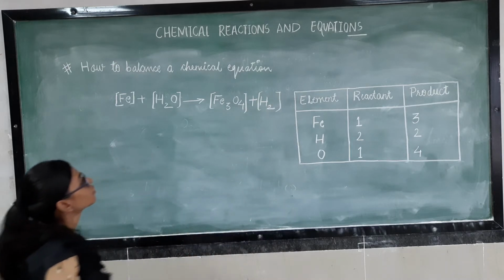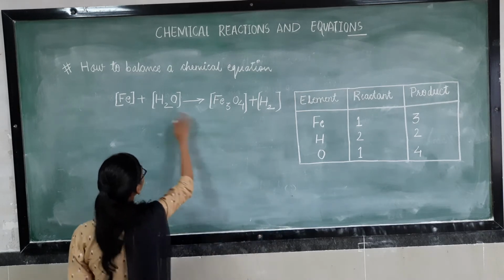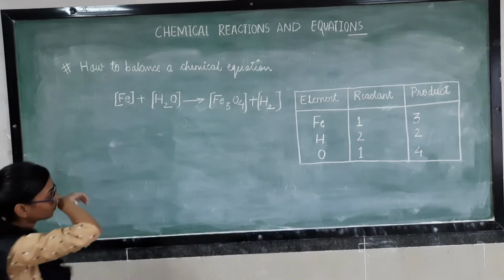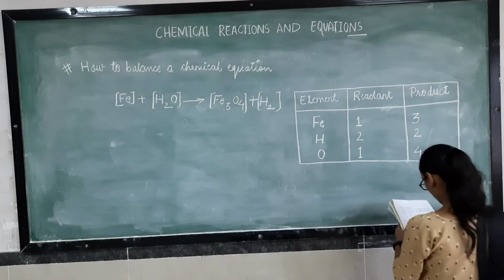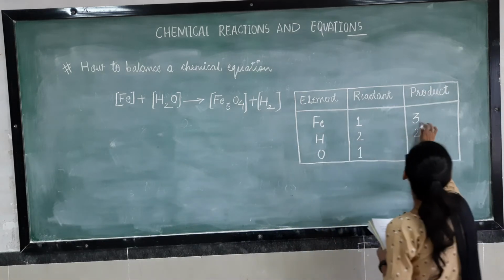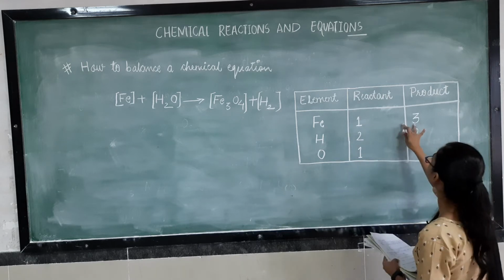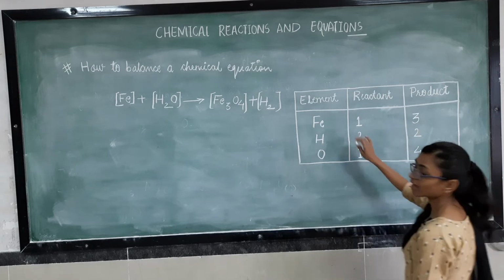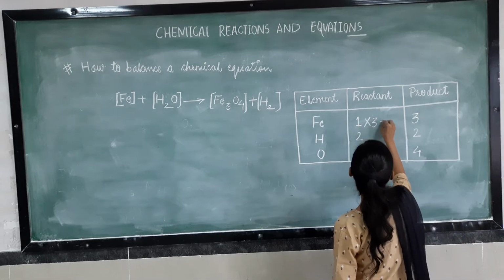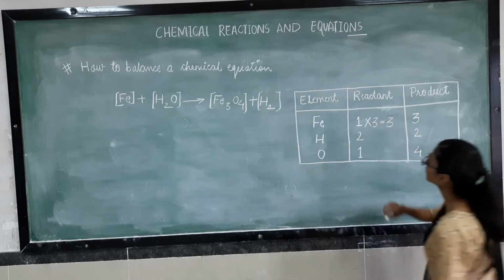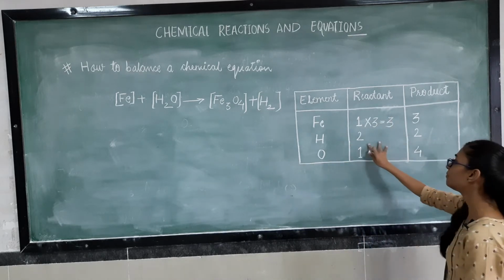So whatever changes we need to do, that are to be written outside these brackets. See here 3 Fe are there, and here 1 Fe is there. To balance this, we will multiply the reactant side with 3, so that Fe gets balanced.